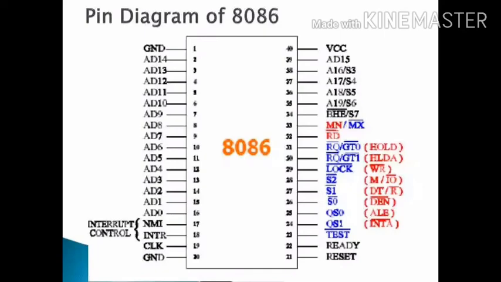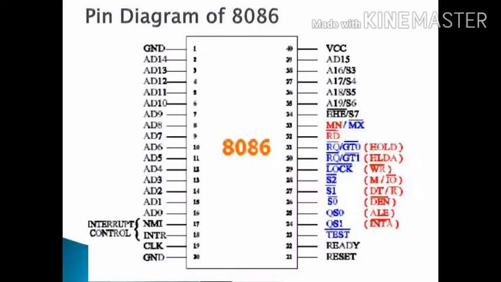The next pin is the lock pin, at pin number 29. Any microcomputer system can have several microprocessors, each having its own local bus for accessing local resources, for example local memory, and the various microprocessors will be connected by the system bus.